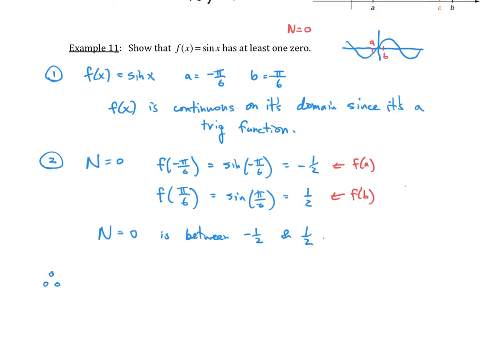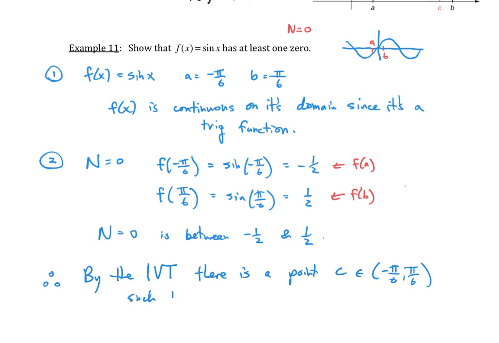This means therefore, by the intermediate value theorem, which I abbreviate IVT, there is a point C in the interval from negative pi over 6 to pi over 6 such that f of C is equal to N, which is equal to 0.